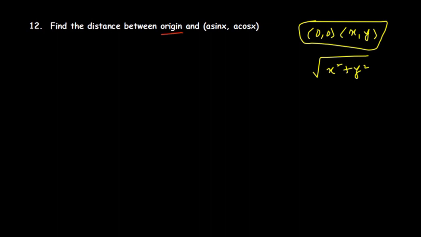Okay, so using this formula, we can take the distance between the origin and (a sin x, a cos x), which is equal to root of (a sin x) whole square plus (a cos x).